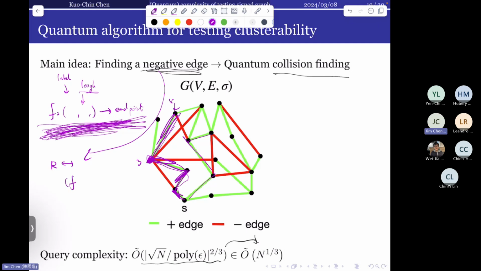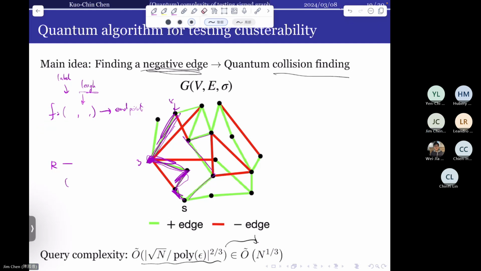The relation is that we can define a relation which contains the endpoint and the neighbor of the endpoint.